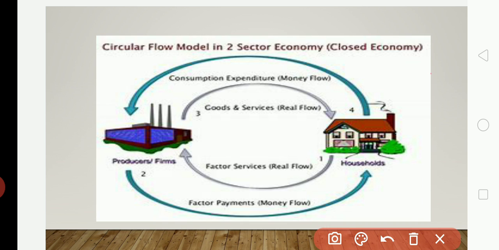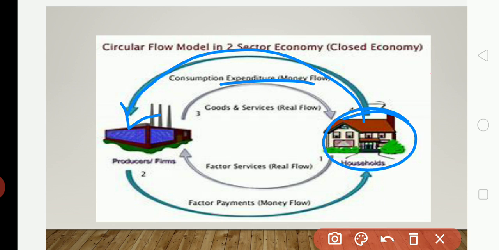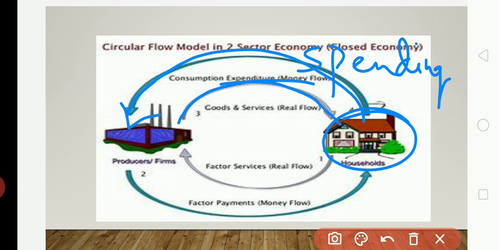See, the first arrow: the household is spending, that is expenditure. It is spending the money for what? To get the goods and services. Then the firm is supplying the goods and services to the household.